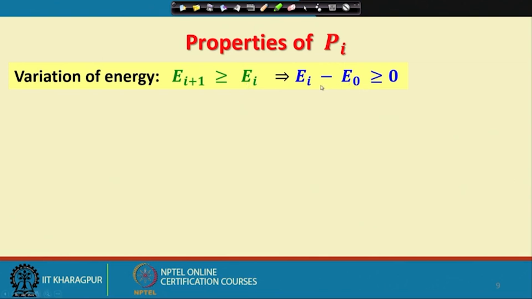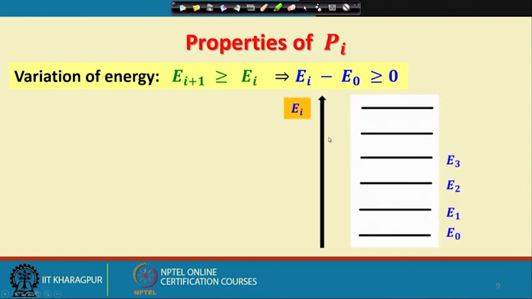This would imply that E_i minus E_0 will always be greater than or equal to 0. So, this typically is the way we assign the energy states. The lowest energy state E_0 is the zero of the energy, and as I go from E_0 to E_1, E_2, E_3 and so on, the energy value E_i increases.